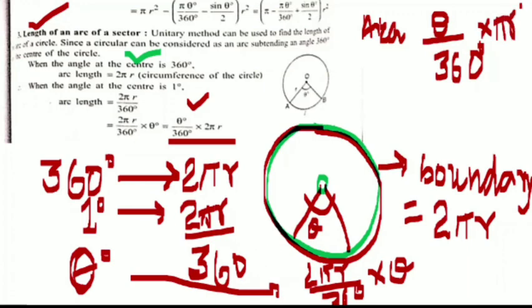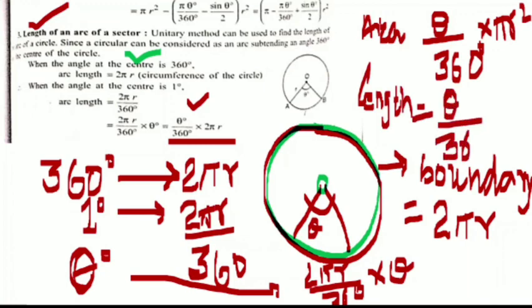But for the length of an arc, let me write it, at an angle theta it becomes theta upon 360 degrees into 2 pi r. When it is length, it becomes 2 pi r. When it is area, it becomes pi r square. So this is how we can deduce the formula and find the length of an arc of a sector. Thank you to everyone.